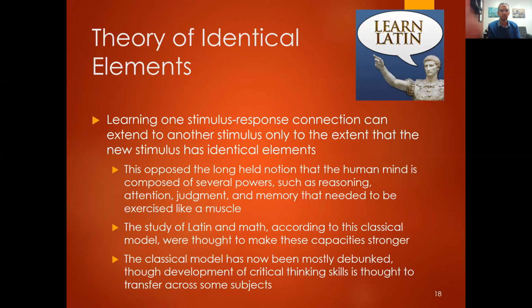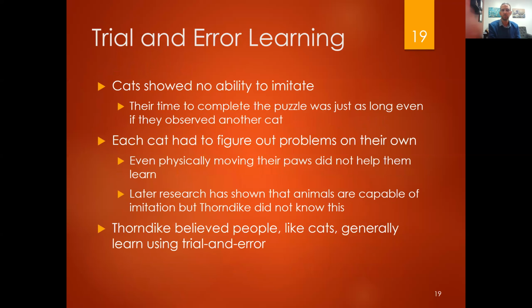Okay, now Thorndike, his main takeaway was that learning is a process of trial and error. He found that cats showed no ability to imitate and no ability for insight. Even if they observed another cat, that had no impact on how long it took them to complete the puzzle.